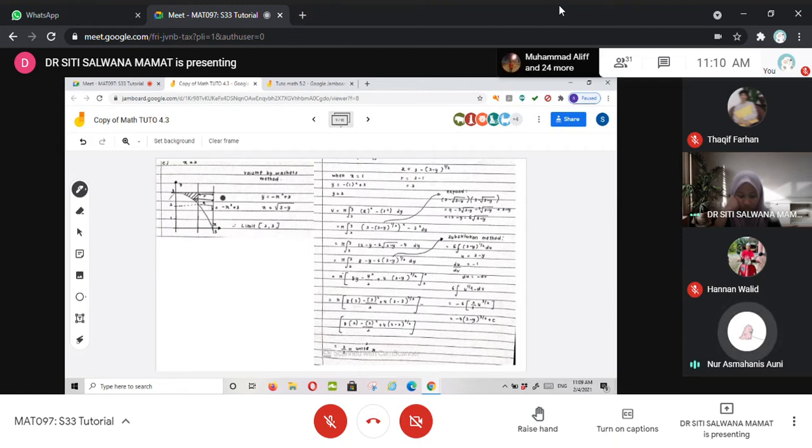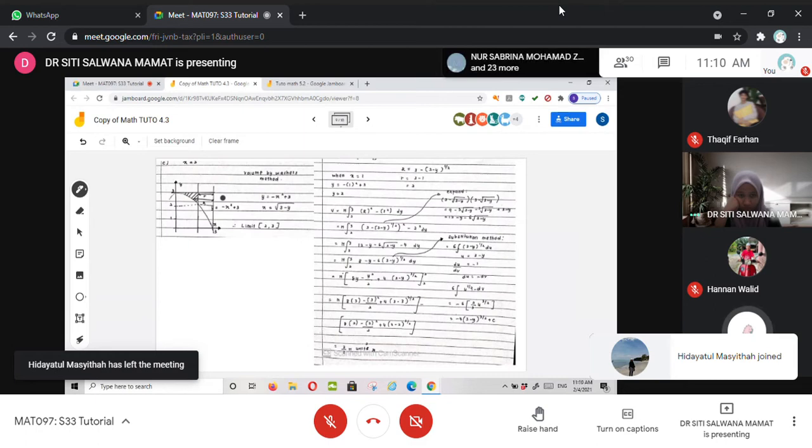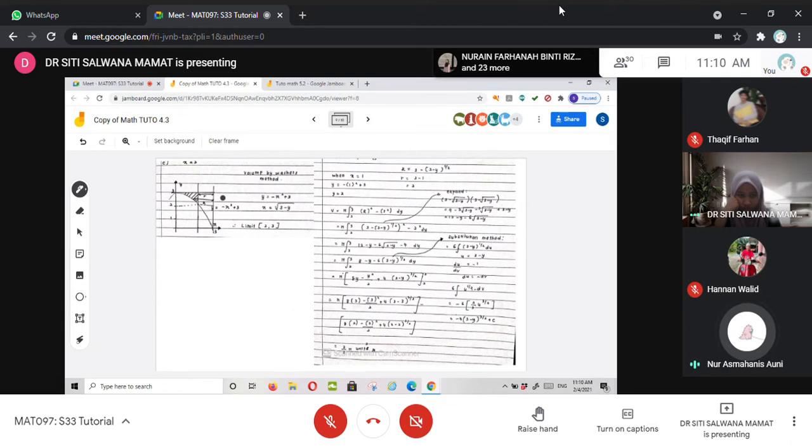Yang ni integrate, kita guna substitution method. And then solvekan using substitution method, let u equal to 3 minus y, and then du over dy equal to -1. So integrate dapat -4, 3 minus y power 3 over 2 plus c.